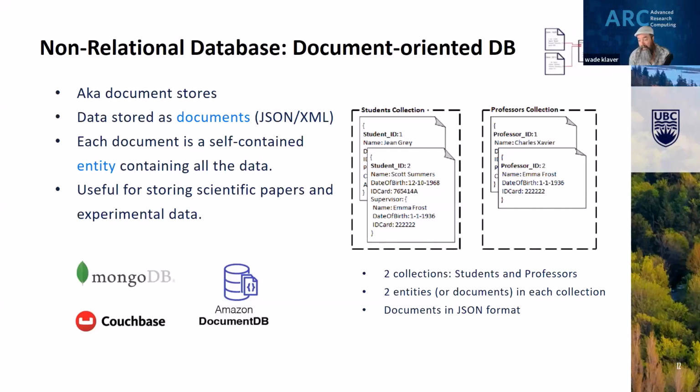Or perhaps what you're storing are actually documents in the way that we think of documents: scientific papers, or I'll go back to my recipe index example. These are a good choice because you're not necessarily doing anything special with that data other than retrieving it in whole.